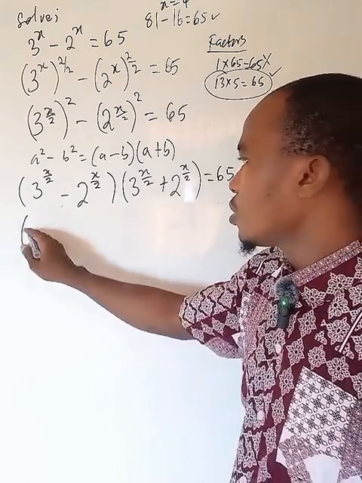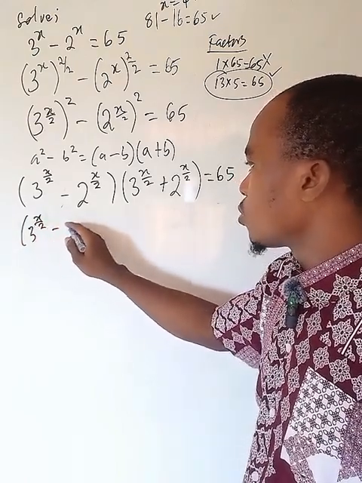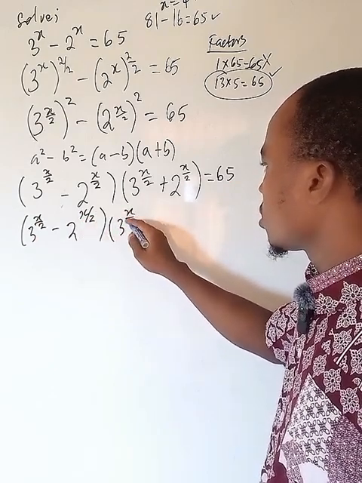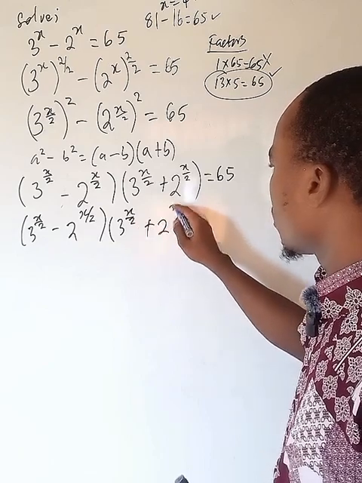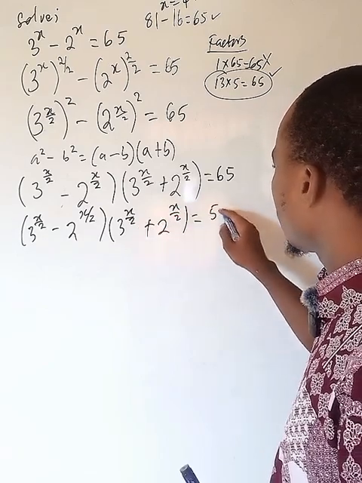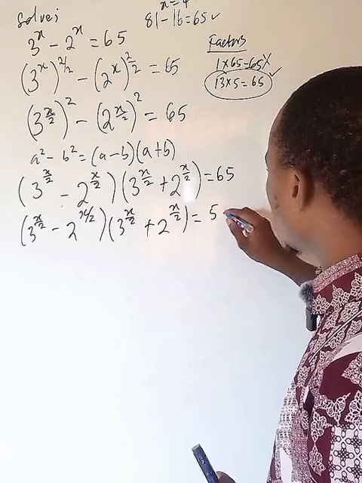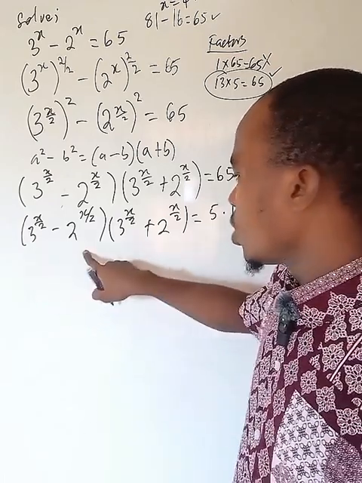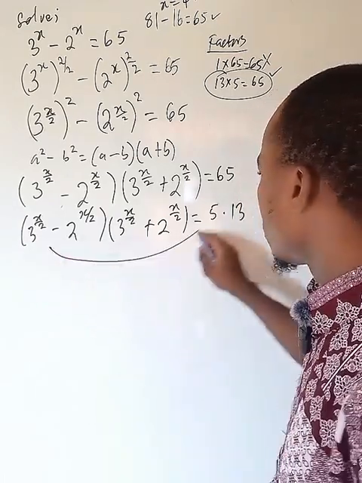So we're going to have 3 to the power of x all over 2 minus 2 to the power of x all over 2, then 3 to the power of x over 2 plus 2 to the power of x over 2 equals 5 multiplied by 13. From there, the next thing we're going to do is equate this with this because it's smaller.